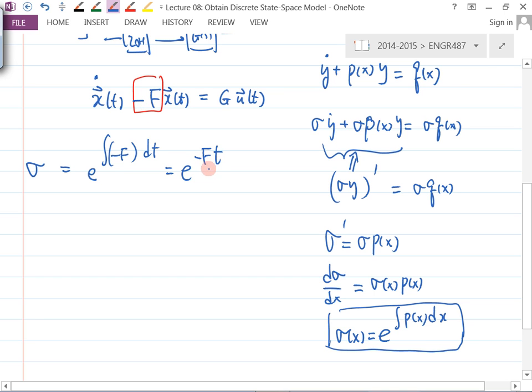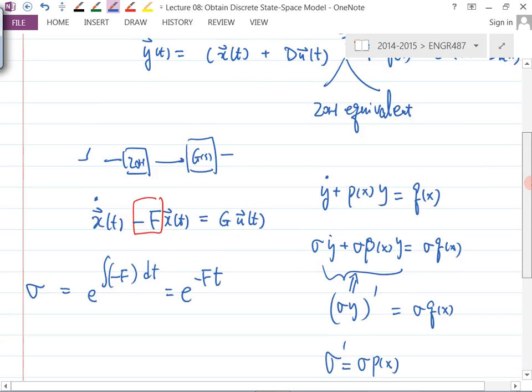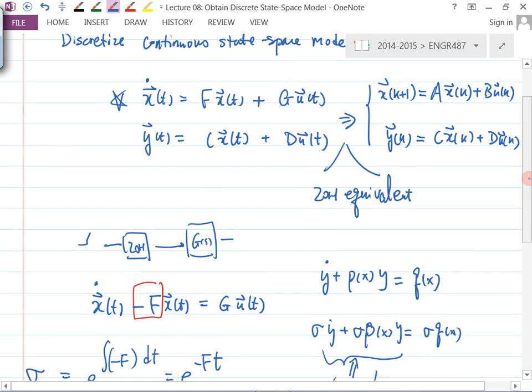Okay, so basically this is my integrating factor for this differential equation. And of course, we'll go back to the reality here. The reality is f is a matrix, and this is an exponential of a square matrix. F is square, right? As we're going to see later, if you get rid of that negative sign, you actually learned in your modern control system, when you get rid of the negative sign, f is a continuous system matrix.